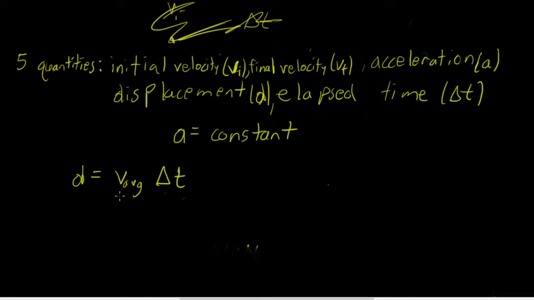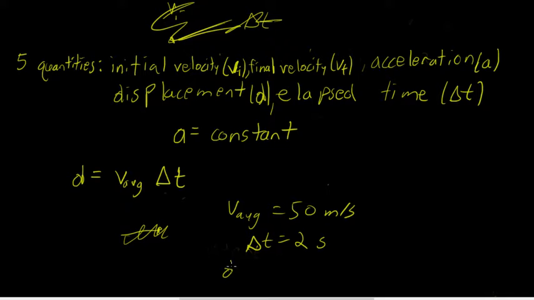So if something's moving in this direction at an average speed of 50 meters per second, and you want to know how far it traveled in 2 seconds, well, your displacement is 50 meters per second times your 2 seconds, and that's 100 meters.